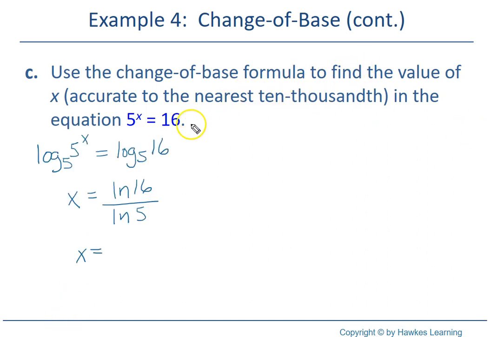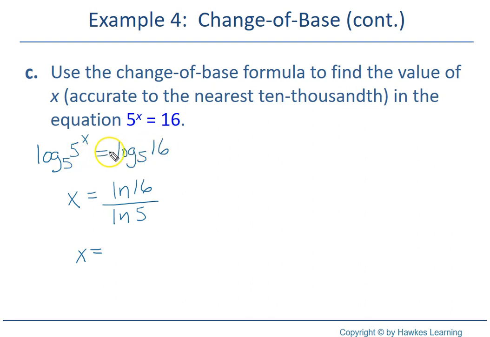Okay, so I started this one a little bit. We're going to convert to its logarithmic form. So the log, but I'm also going to use base 5 here, of 5 to the x power equals log base 5 of 16.